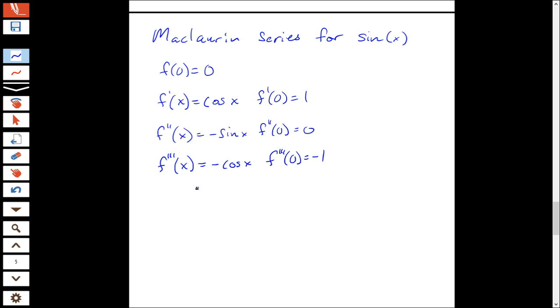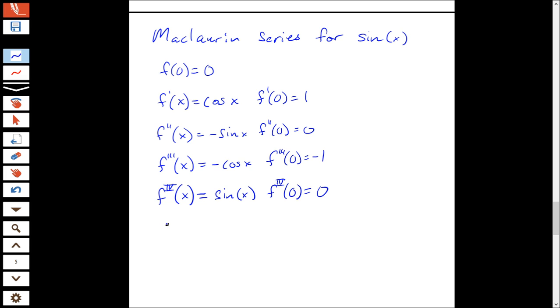This is going to be negative 1. The fourth derivative is back to sine of x, so this is 0. And I think we can see it's going to go 0, 1, 0, negative 1, 0, 1, 0, negative 1, and so on and so forth.